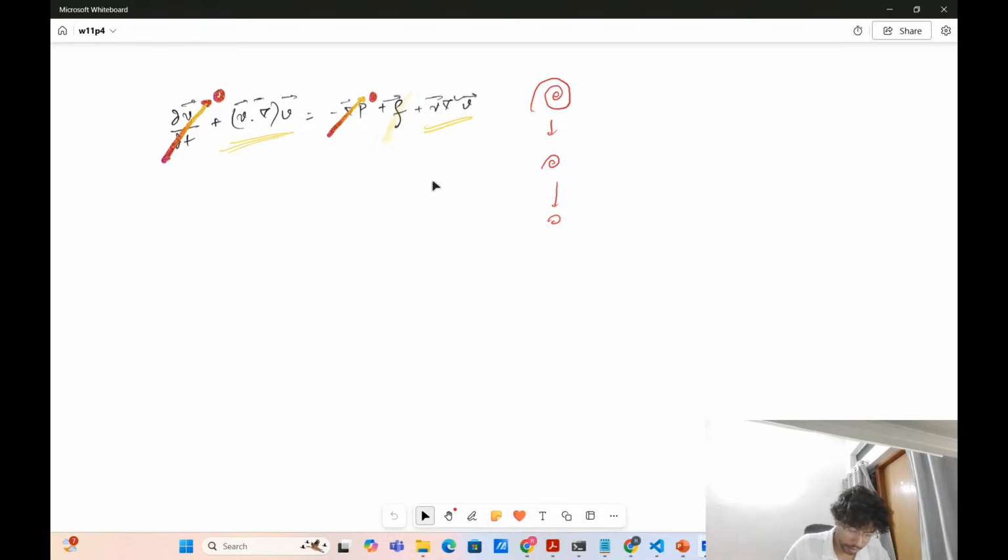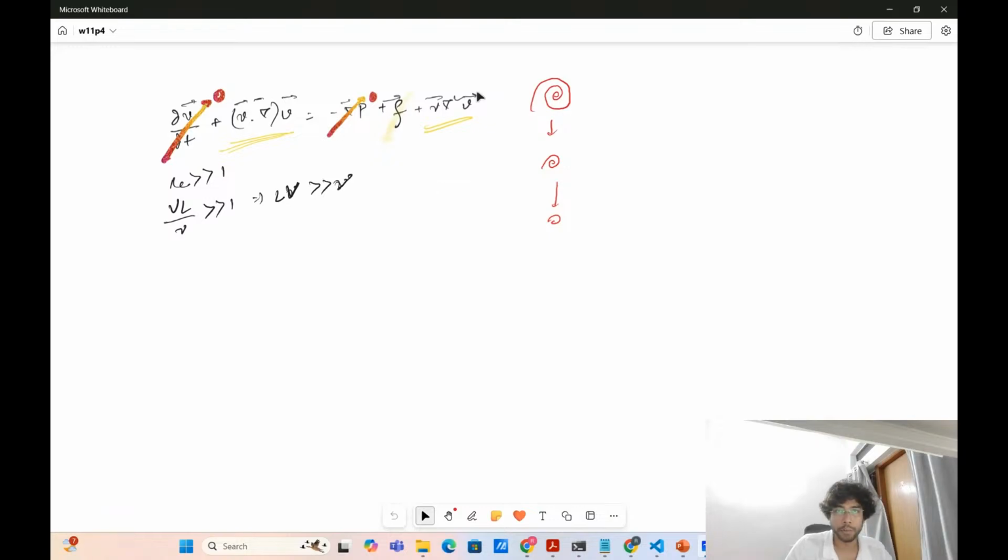But let us see how Kolmogorov got to the 5/3 law. So as I said, turbulence is present when we have a much higher Reynolds number. So when we have LV much greater than nu.